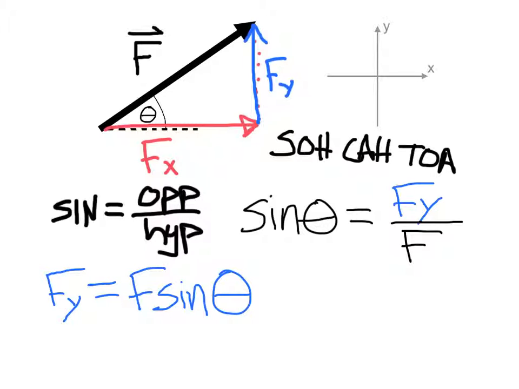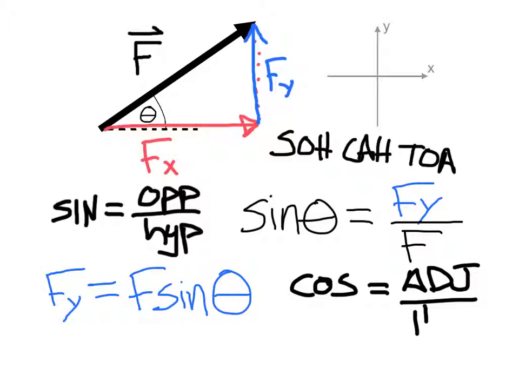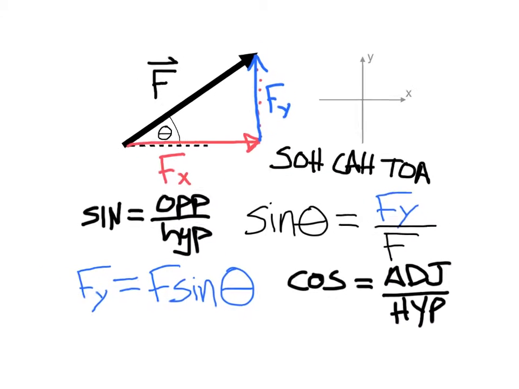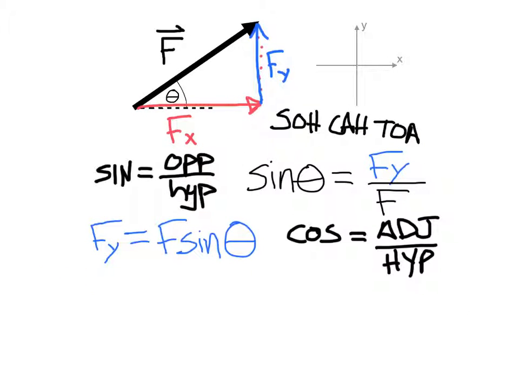We can do something similar for the x component. Instead of sine, we have cosine. So we end up with cosine is adjacent over hypotenuse. So just make ourselves a little more room here to write. So if we go through the same process, we can see that cosine theta is the adjacent component.